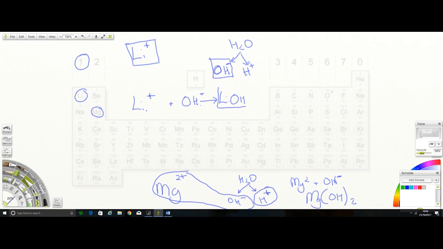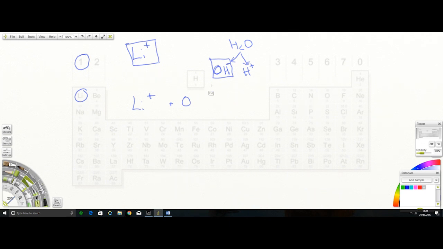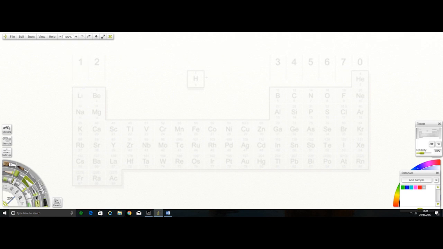So anyway, I'm going to get back to what I was talking about, which was the chemical equations for this. So what I'm going to say is Li, lithium, plus water, which is H2O, is going to make, that's that arrow, lithium hydroxide, and I've already explained why it's like that, plus hydrogen gas.